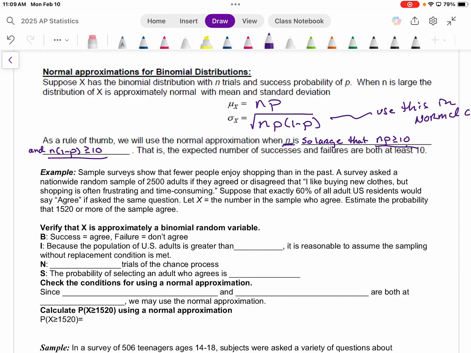When I check, if my sample size times my probability of success is greater than or equal to 10, and my sample size times the failure probability is greater than or equal to 10, then I can use the normal approximation model. I can use the normal CDF feature to get my probability. If not, then I can't use it, which means I'm probably using the binomial distribution to figure it out. Okay?